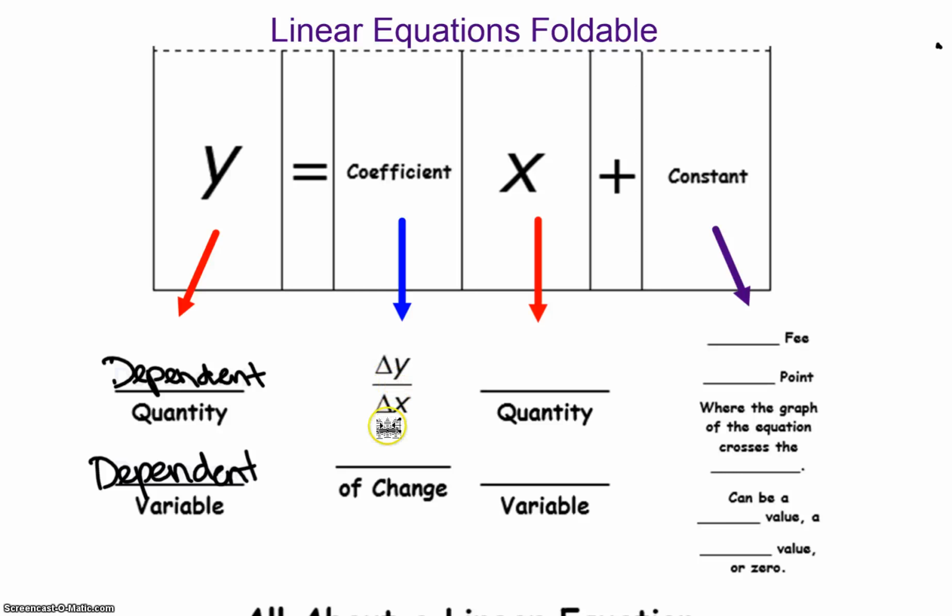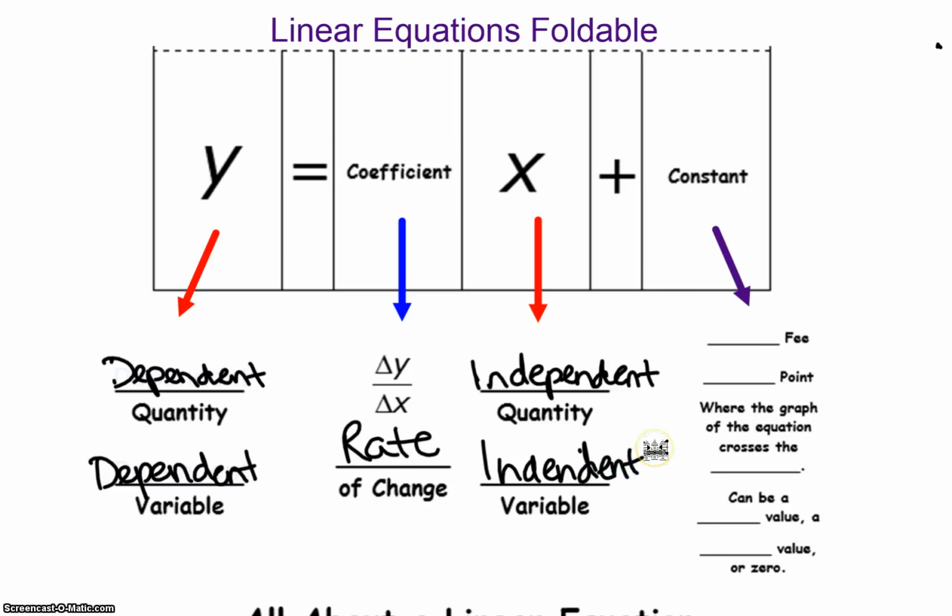And we know that change in y over change in x is the rate of change. And we know x is the independent variable and the independent quantity. Constant can be an initial value. It's the starting point. It's where the graph of the equation crosses the y-axis.